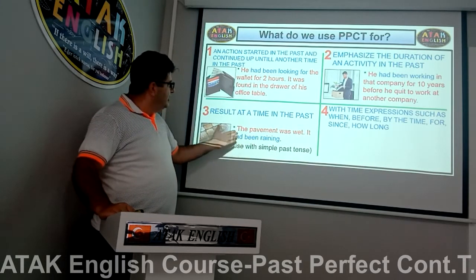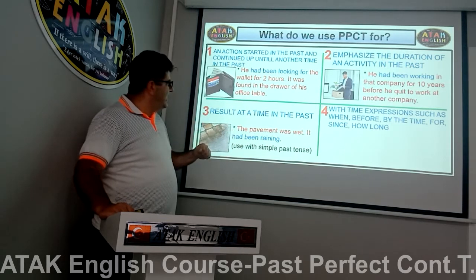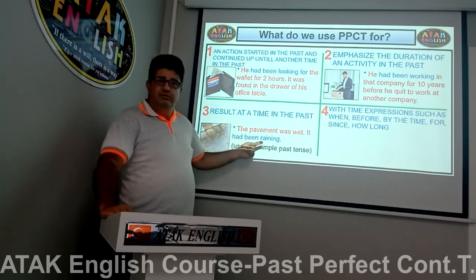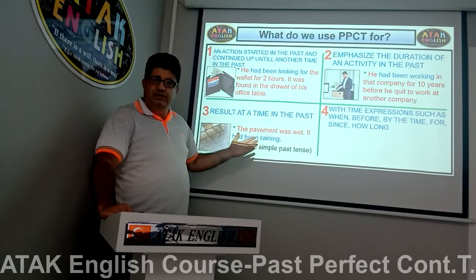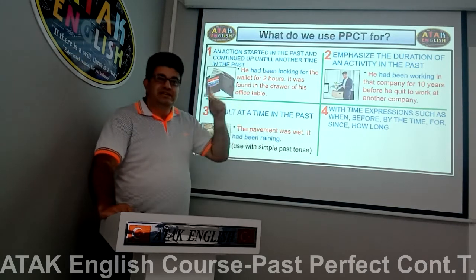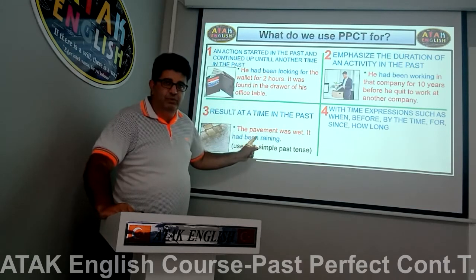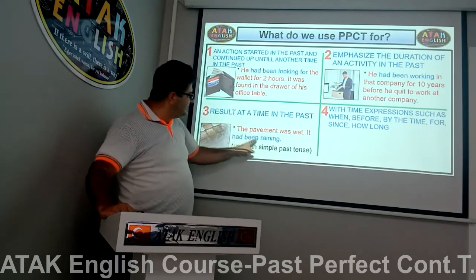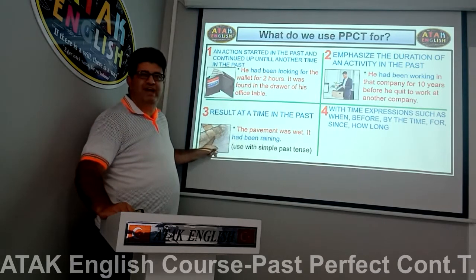Here, what is the action and what is the result? The action is the raining. Is it completed? Yes, it's not raining anymore. But what about the result? Because of this rain, the pavements were wet.